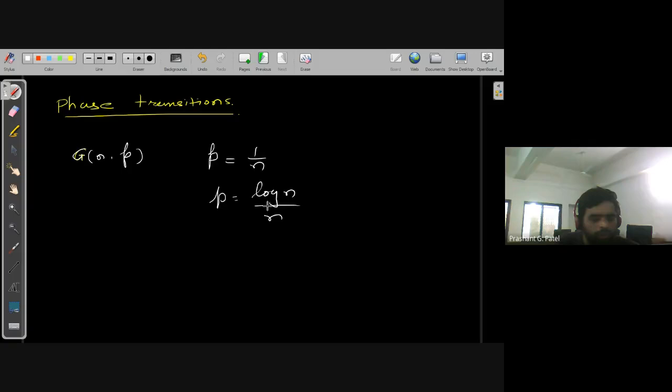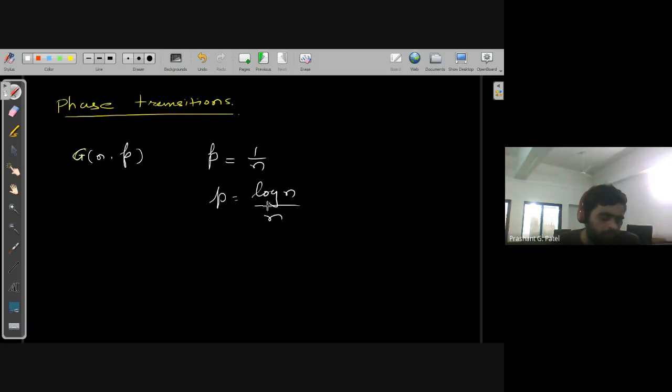The most important of these transitions are the emergence of a giant component and a connected component of size n, which happens when d equals 1, which we have seen.